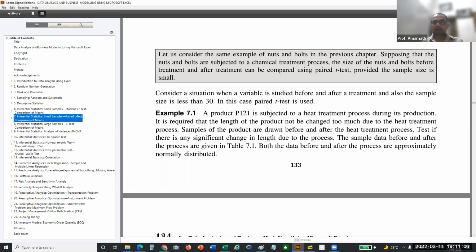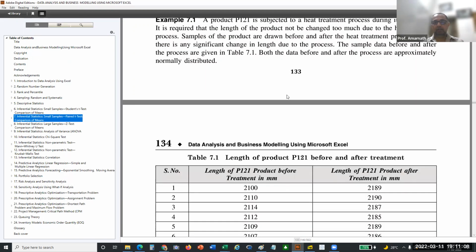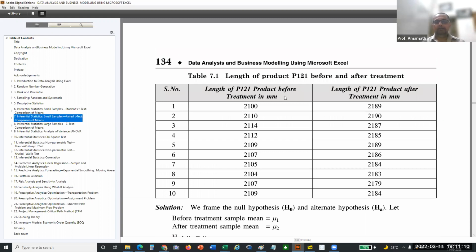Keeping that in mind, I have two data sets, one before treatment and one after treatment. To proceed further, I frame the null hypothesis and the alternative hypothesis. This has to be set by the analyst, the user; no software will do it for you.